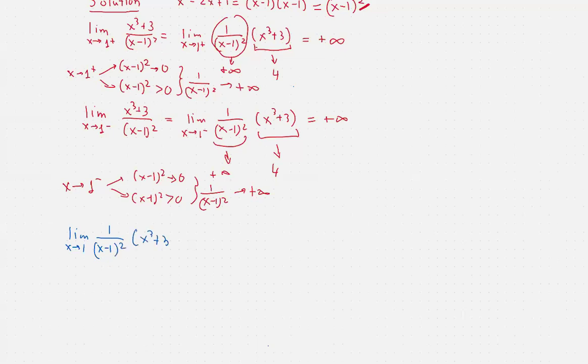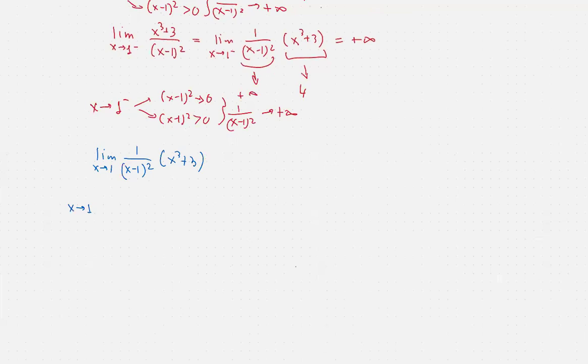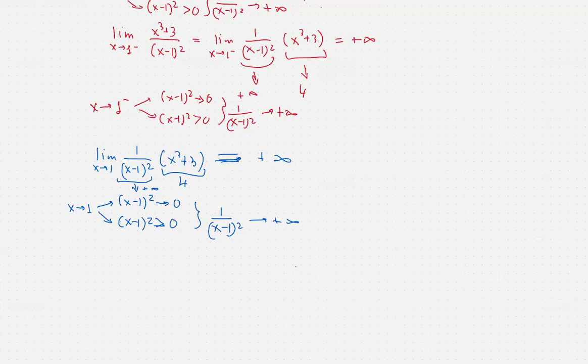So as x tends to 1, we have x minus 1 squared tends to 0. x minus 1 squared is positive, which means that 1 over x minus 1 squared tends to positive infinity. And this means that this tends to positive infinity. This tends to 4, so the whole limit is positive infinity, with one stroke instead of considering the one-sided limits. Either way, the limit exists and it's positive infinity.